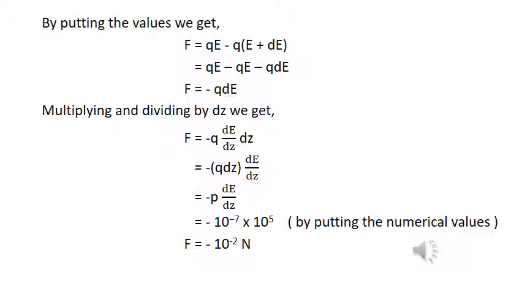So F is equal to minus P into dE by dz. By putting the value of P and dE by dz in this equation, we get force on the electric dipole is equal to minus 10 to the power minus 2 Newton.